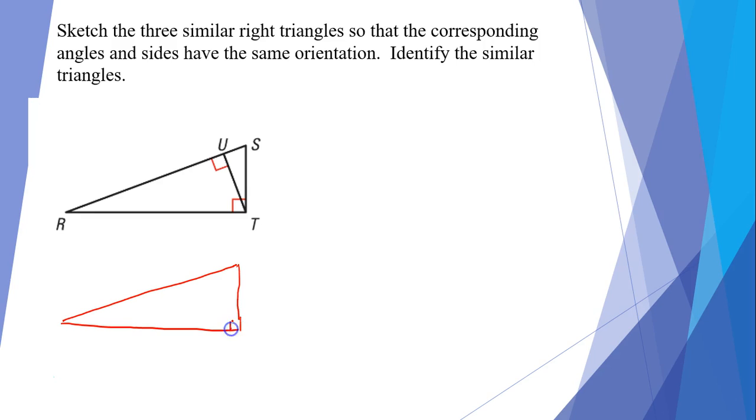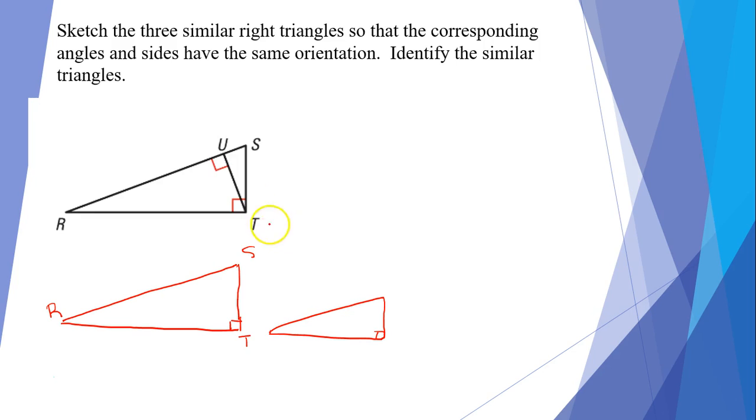Okay, so here is S, T, R. Now I'm going to draw this triangle orientated differently. So just draw another right triangle, a little bit smaller than the previous one because it is smaller than the previous one.